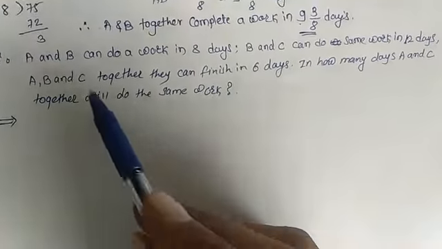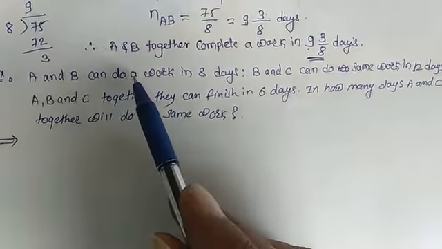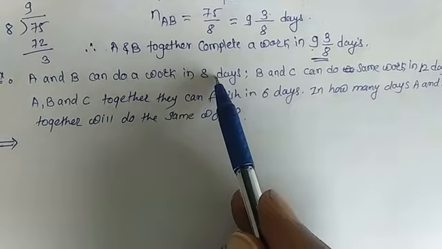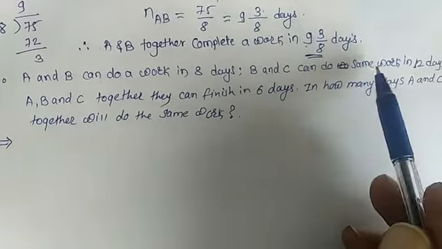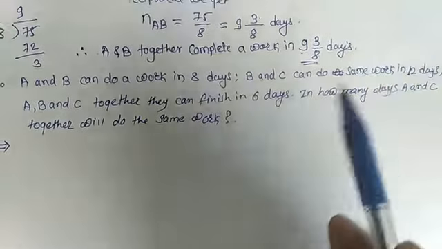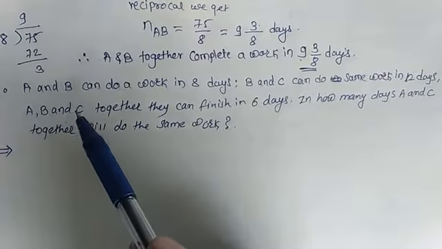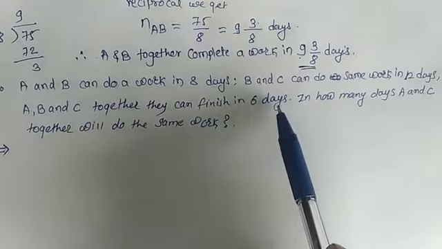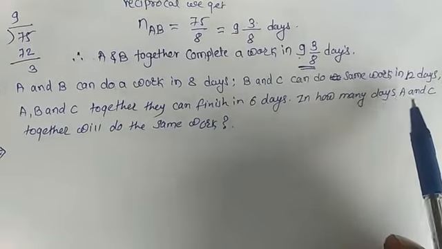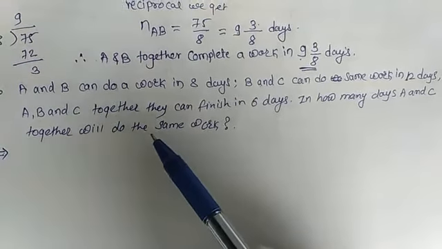Now the next question is, if A and B can do a work in 8 days, B and C can do the same work in 12 days, and A, B and C together can finish it in 6 days, in how many days will A and C together do the same work?